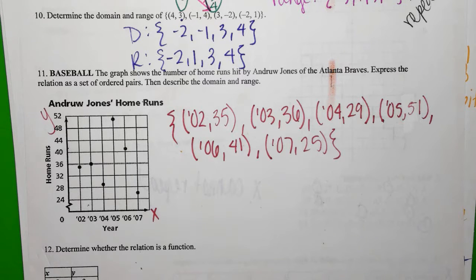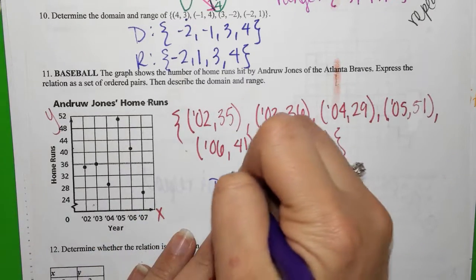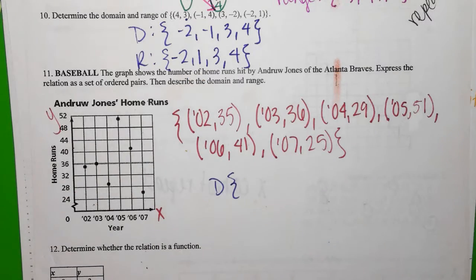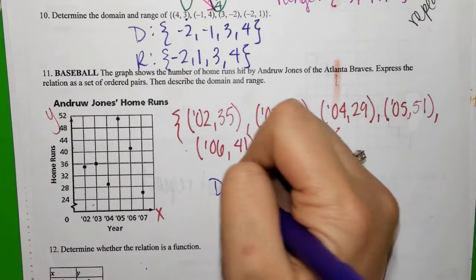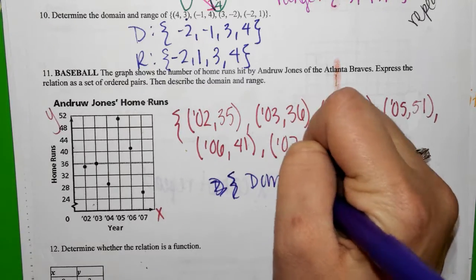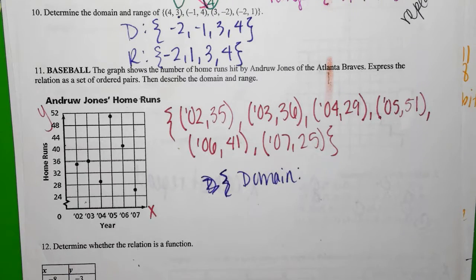Alright, and have we finished that question? What else did it ask us? Domain and range. Alright, what's the domain, guys? But does it say list or does it say describe? Okay, so let's make sure we're describing it. What is the domain? It says describe it.